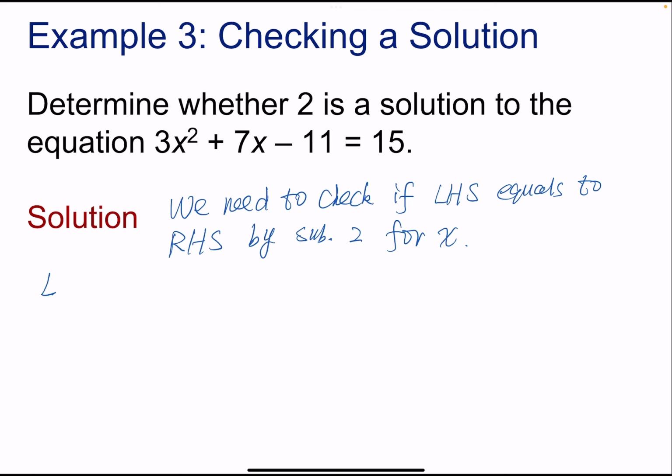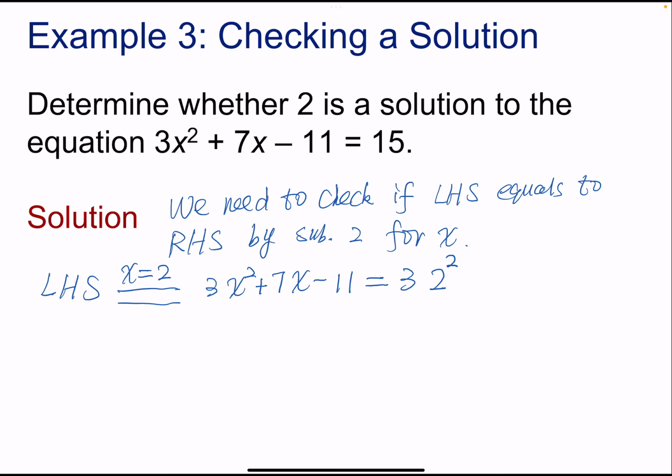So let's check. Left-hand side, so we're going to substitute 2 for x. So the left-hand side equals 3x squared plus 7x minus 11, right? Whenever I see x, I'm going to replace that by 2, okay?